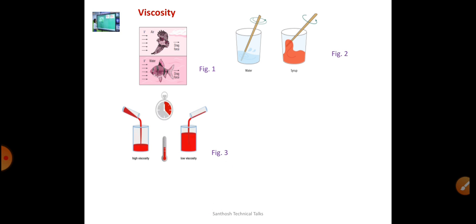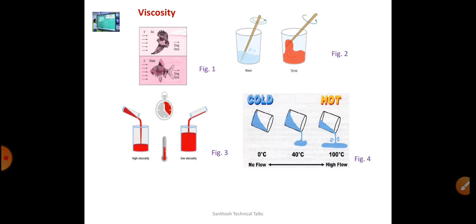And next, if a fluid has high viscosity and you heat it for some time, the viscosity will get reduced. Likewise, if it is a cold substance, say water at 0 degrees Celsius, it will become a solid, so the viscosity will become 0. So no flow is there. You know that a solid will not flow.